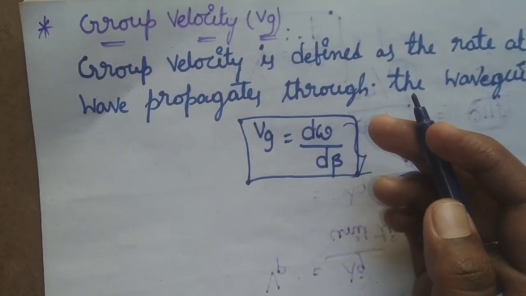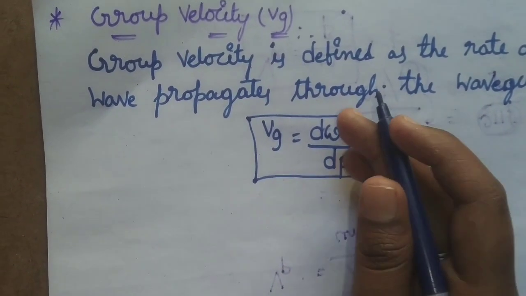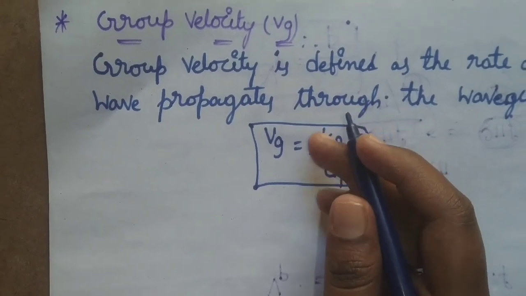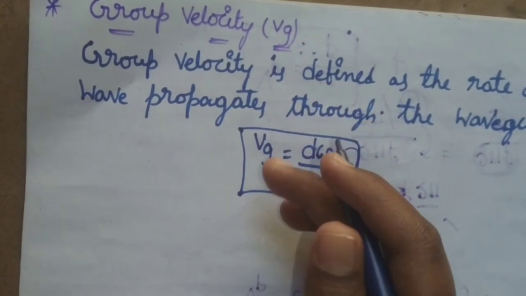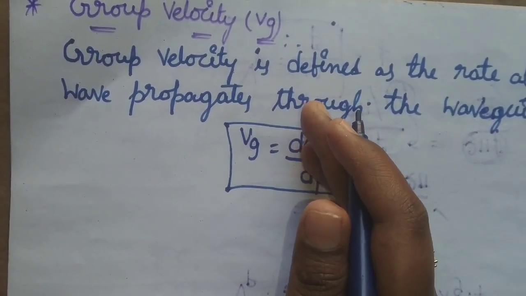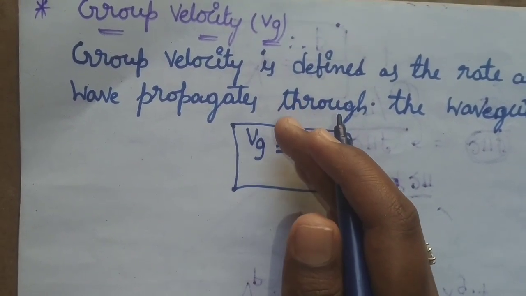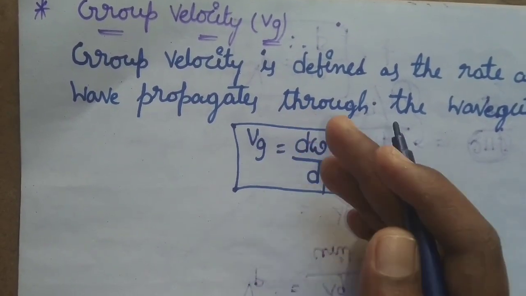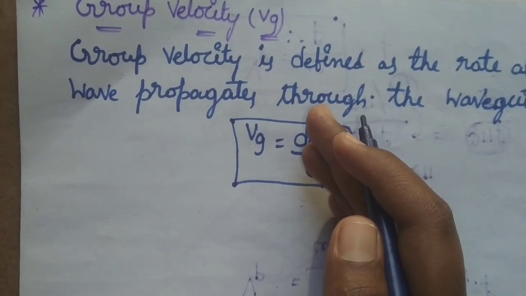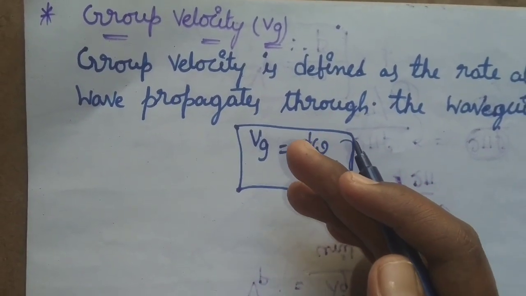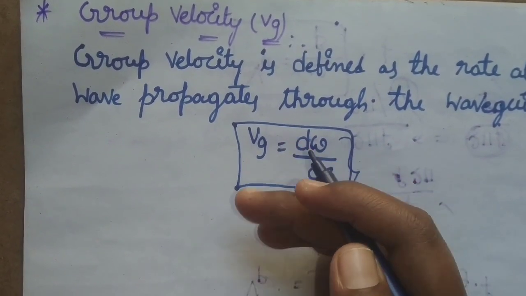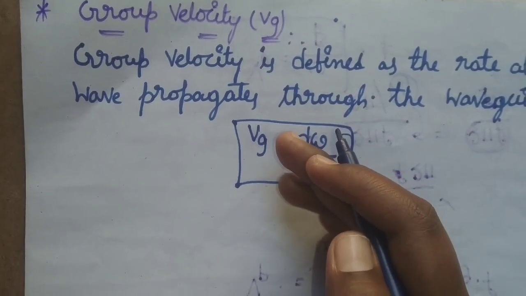We can also write group velocity in terms of cutoff frequency and cutoff wavelength, and phase velocity also. In the next lecture we will see what cutoff frequency and cutoff wavelength are, and how we can write phase velocity and group velocity in terms of them.